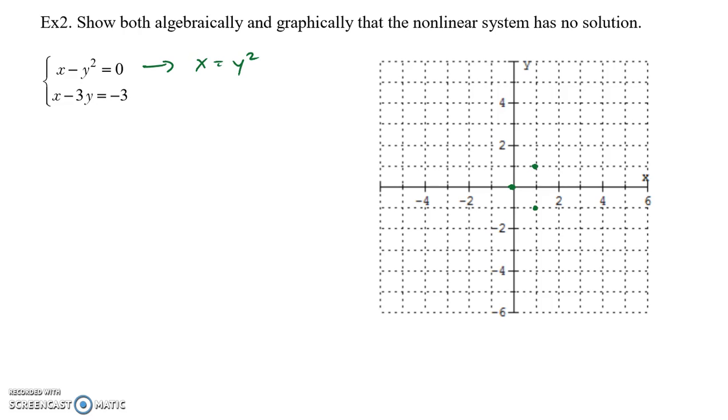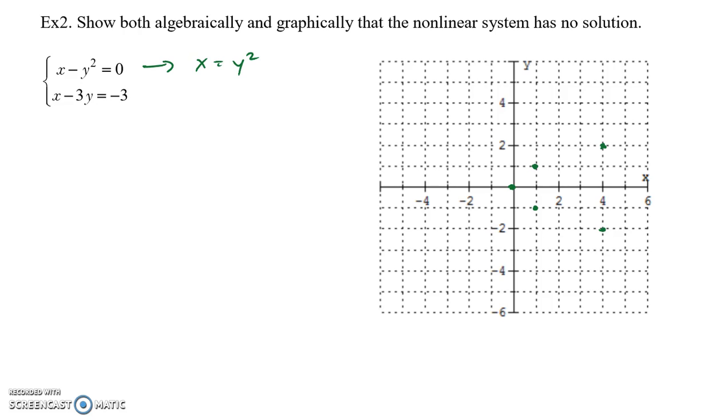I'm going to plot some points here. When x is 0, y is 0. When x is 1, y is plus or minus 1. And then 2 additional points: when x is 4, y is plus or minus 2. You can determine all of these points by substituting in the appropriate values of x or of y.